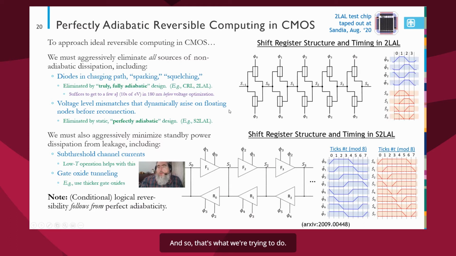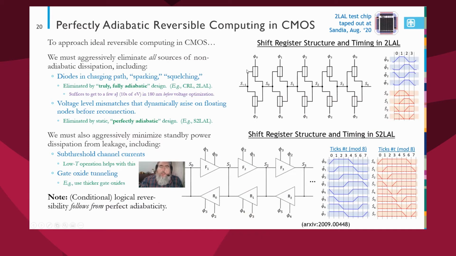And so that's what we're trying to do. This is the initial circuit we worked on, a simple shift register, and the roots of this go all the way back to the original CRL technique. It's a little simplified compared to the CRL shift register, but it's essentially the same concept.